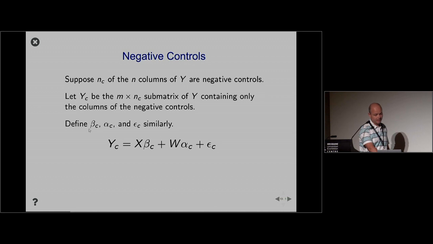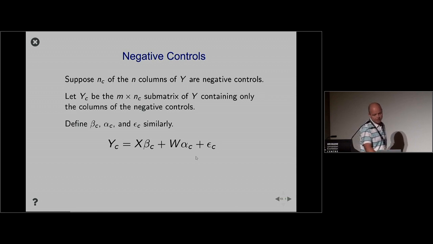So this is going to be the coefficients for gender just on the spike-in controls, the coefficients for the unwanted factors just on the spike-in controls, and so on. Since y sub c is a submatrix of y, the same model applies, but just subsetted to the negative controls.